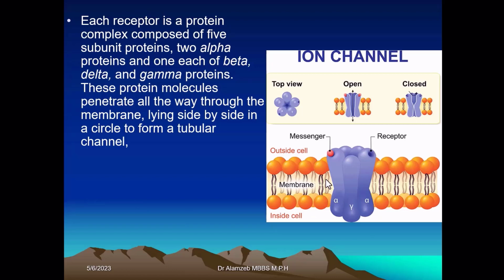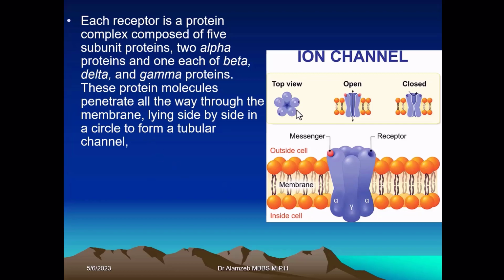On the muscle membrane, the receptors which are present are actually made of 5 proteins. These proteins are 2 alpha proteins and 1 each of beta, delta and gamma protein. These protein molecules penetrate all the way through the membrane, lying side by side in a circle to form a tubular canal.